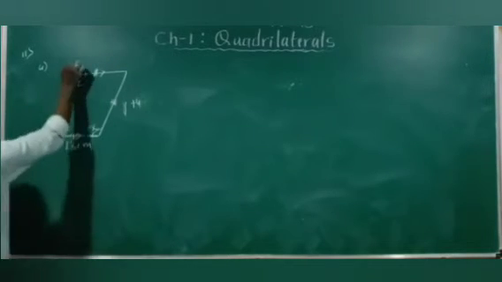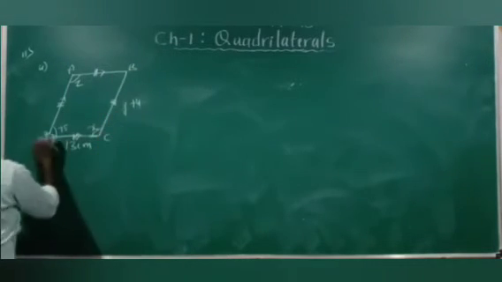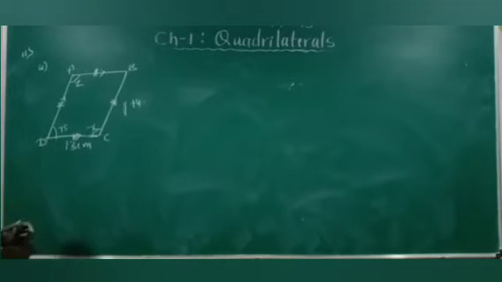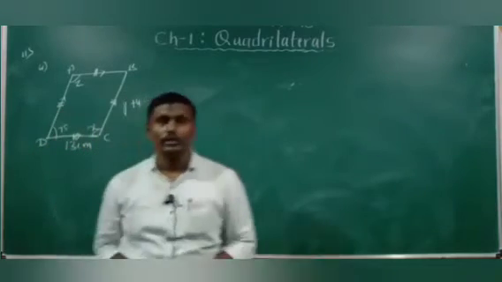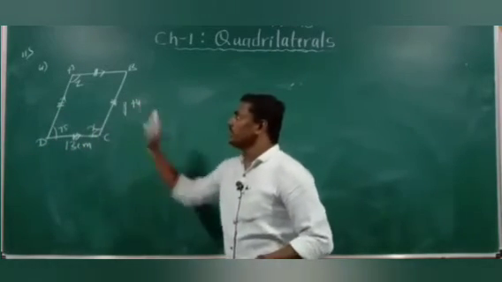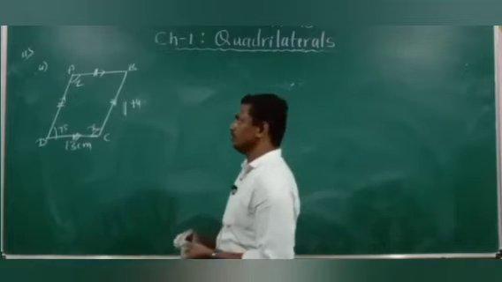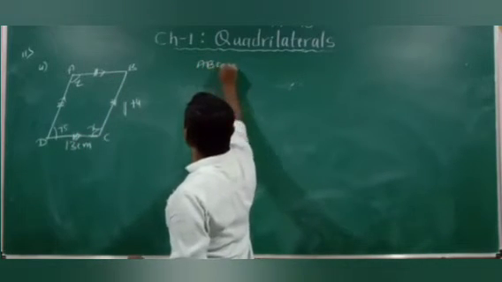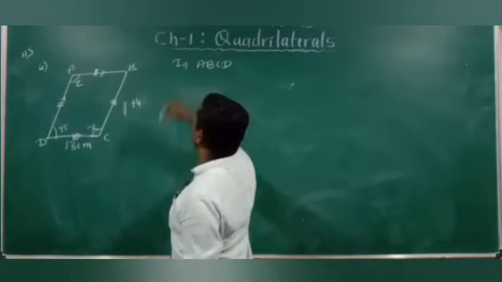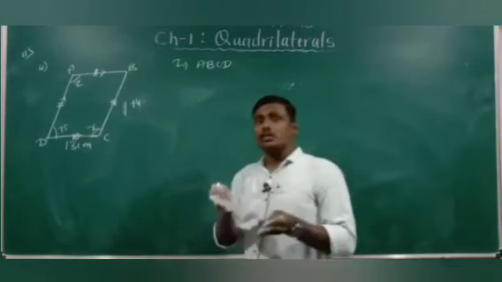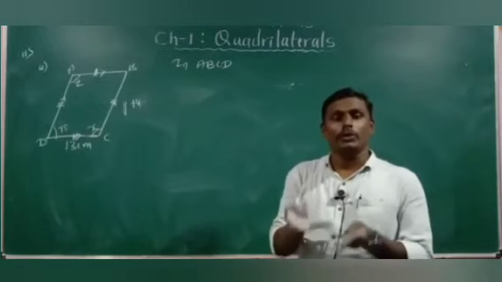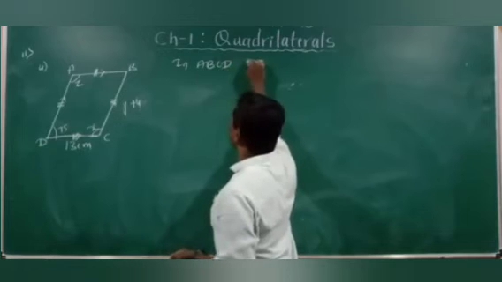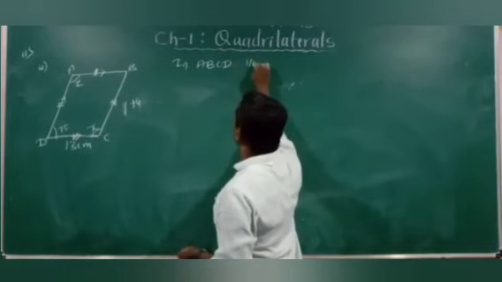Just locate these vertices as A, B, C, D. First find the x value. Here the opposite sides are equal, in figure A, B, C, D. Rhombus is also one type of the parallelogram because in that opposite sides are equal and parallel. That's why we are considering here ABCD as a parallelogram.